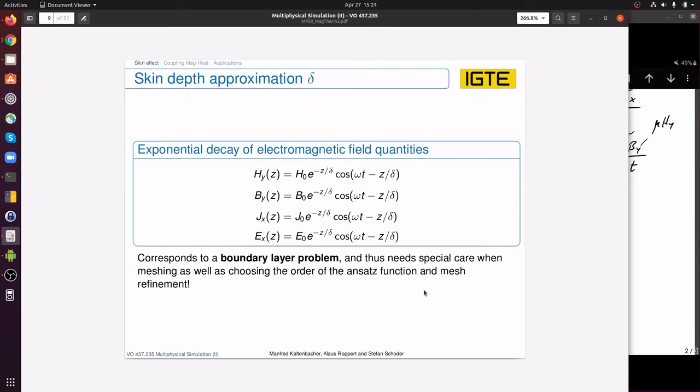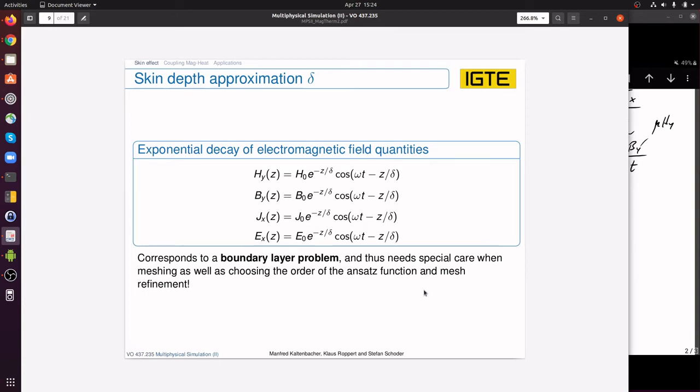So that's your physical requirement, the high frequency. And then your numerical requirement is a well-resolved boundary layer of your eddy currents. So towards the surface, you need to increase your mesh refinement.